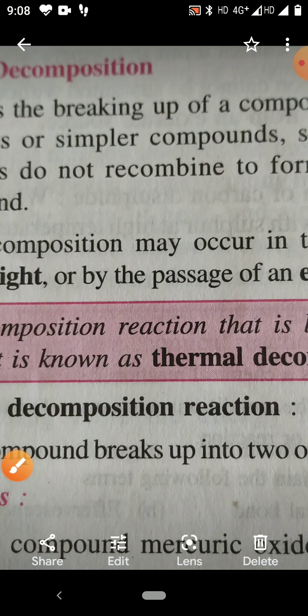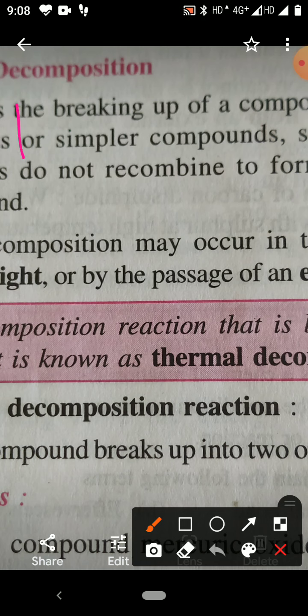Third example is in which a compound breaks into two compounds or more than two substances, like ammonium dichromate.